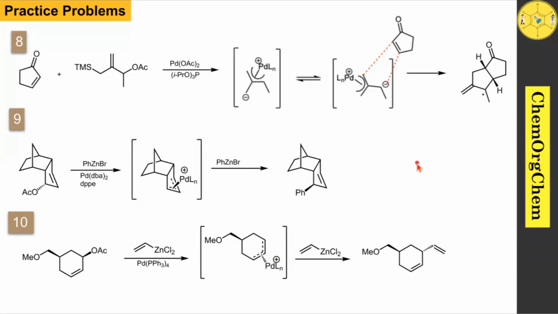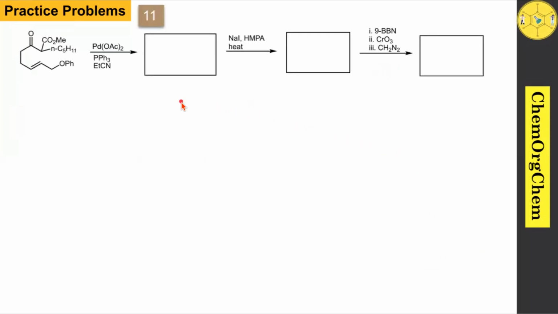So let's move to our final practice problem. So here you can see that this is the allylic part present with this leaving group. When we use palladium zero catalysis, it readily generates the respective pi-allyl palladium complex. Now we should see where our carbon nucleophile should attack, either this carbon or this carbon.